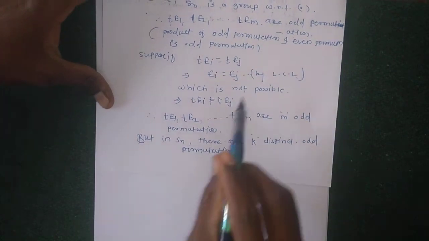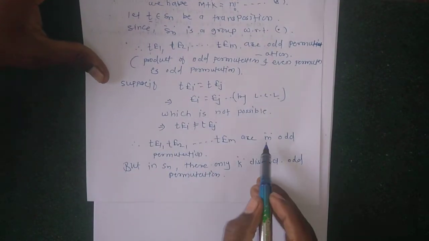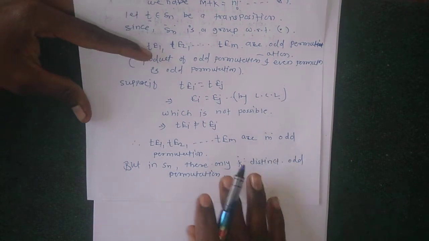Which implies that this m must be less than or equal to k.